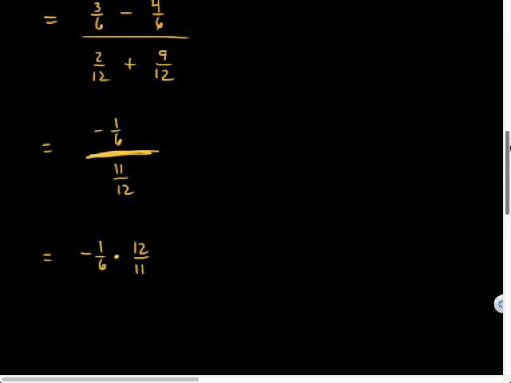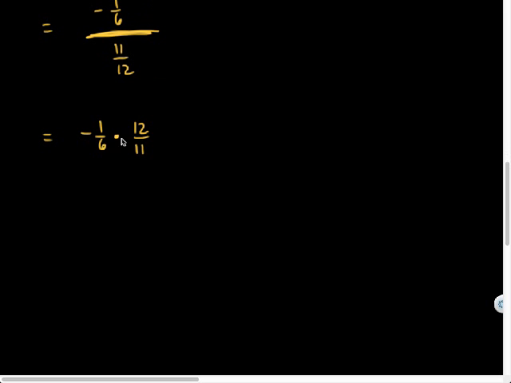To do that, notice 6 and 12 can cross cancel. 6 goes into 6 once and into 12 twice. I think that's all the canceling I can do. So I'm going to have negative 2 elevenths as my answer, fully simplified.